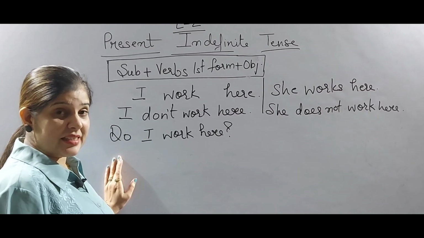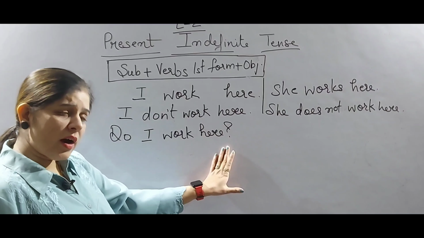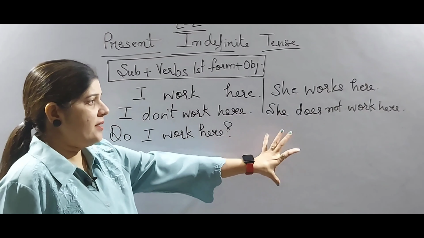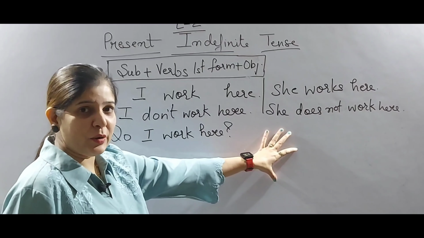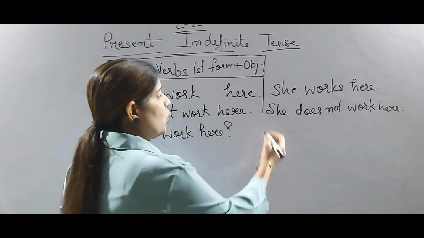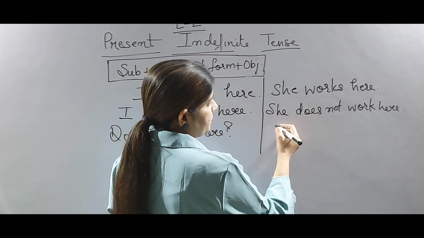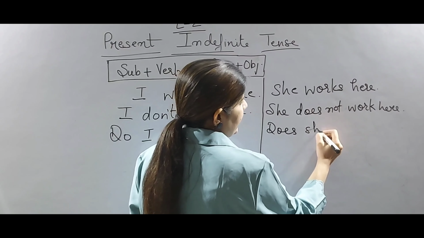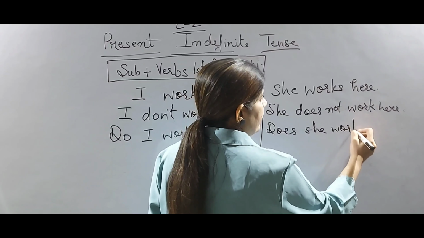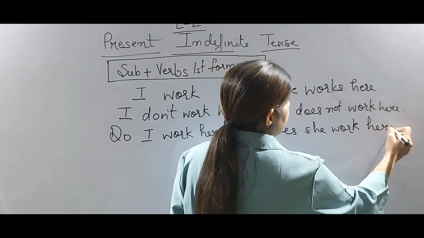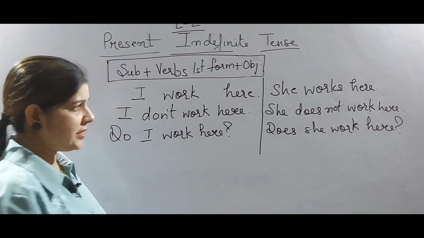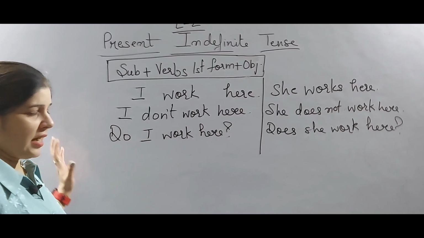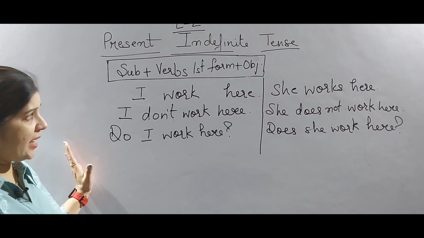This is an interrogative sentence. And we'll again frame an interrogative sentence here. The sentence will be, does she work here? Okay, this is a question, interrogative. I hope you understood this thing.